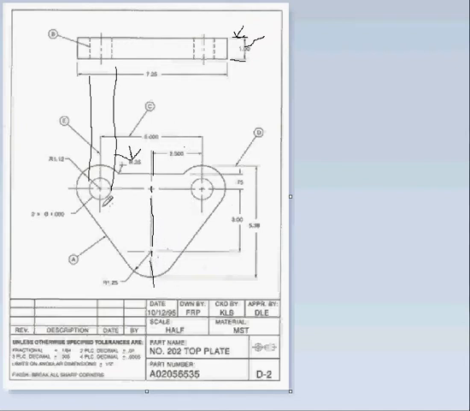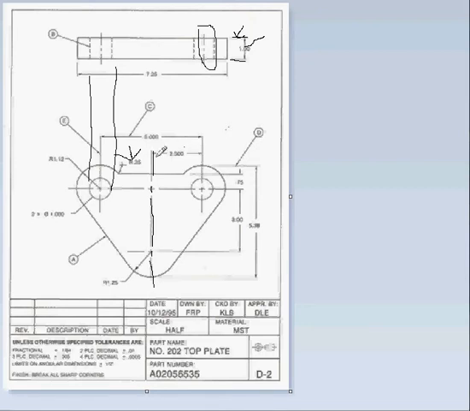That represents the center of this object. Center lines go through the center of holes, as you see right here, and they also go through the center of objects. We also have a center line right up here that's going through the center of that hole that's represented by the hidden lines.